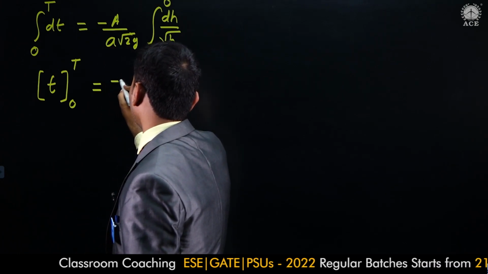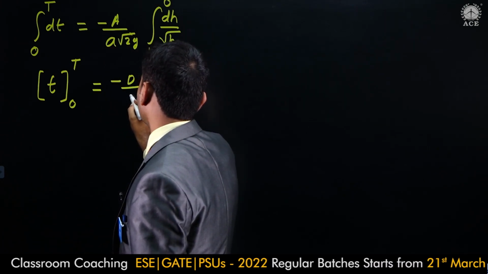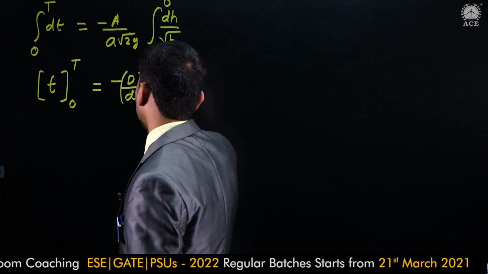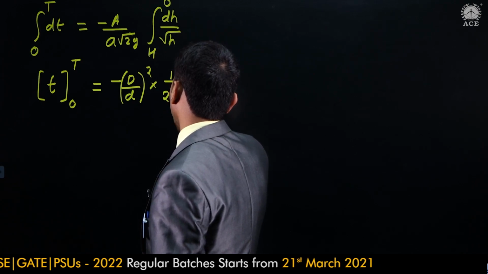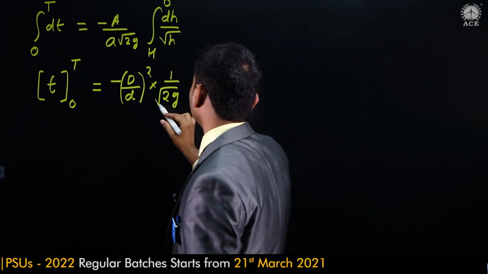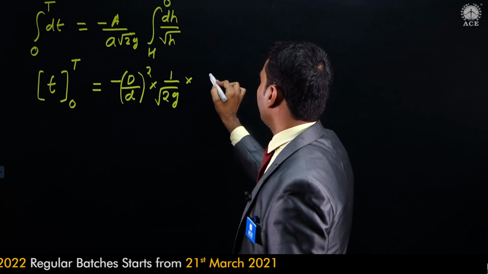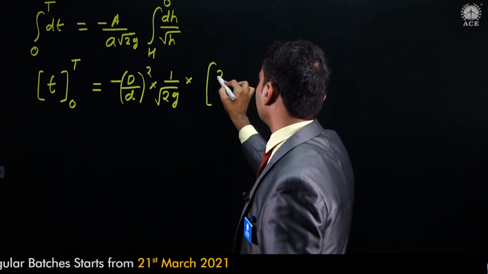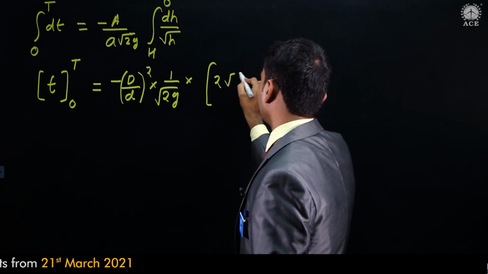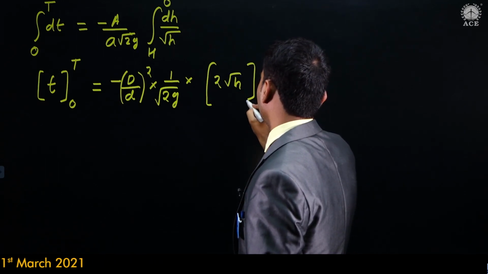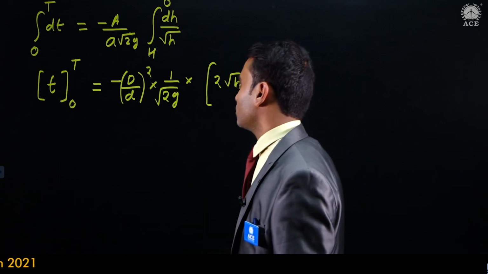This area ratio I can write as a ratio of diameters, capital D divided by small d whole square, into 1 by root 2g, into the integration of 1 by root h, which is 2 times root h. Limits of integration are H and 0.